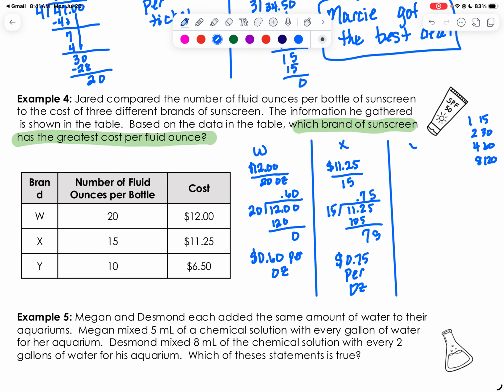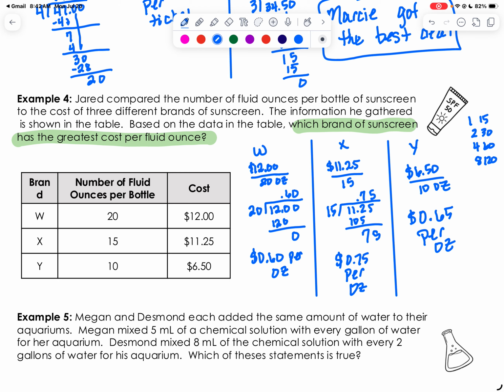All right, brand Y. Brand Y is $6.50 for 10 ounces. Now, anytime I'm dividing by 10, 100, or 1,000, I never use long division, because when we divide by 10, we just move the decimal one place to the left. So this would simply be 0.65 cents per ounce.